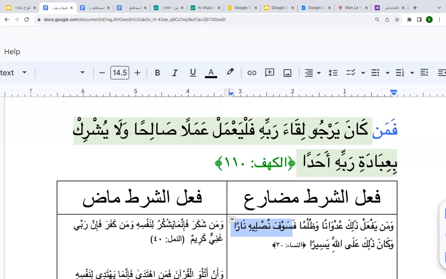Where are you seeing dhamma on waw? You are not seeing it, right? Everyone, no problems. If it was visible, if it was yarjuvu, you will call it dhammatu zahira, a clear visible dhamma. But here there is no dhamma zahira, so it is marfu bidhammatul muqaddara. Is this clear to each and every one of you?